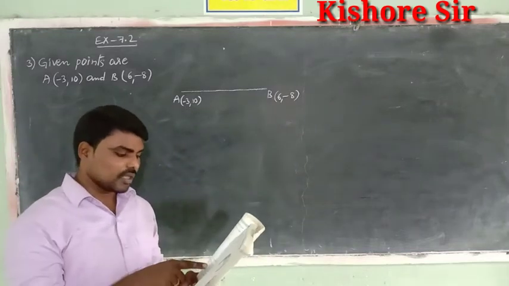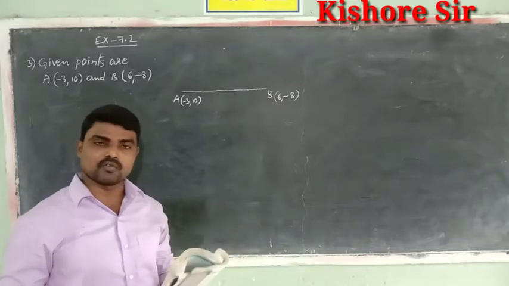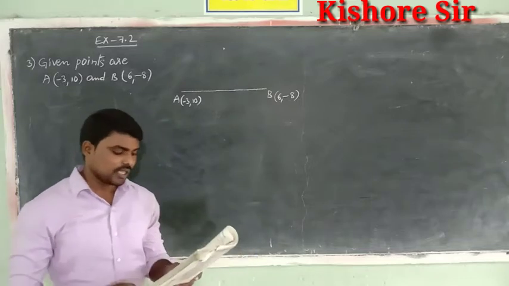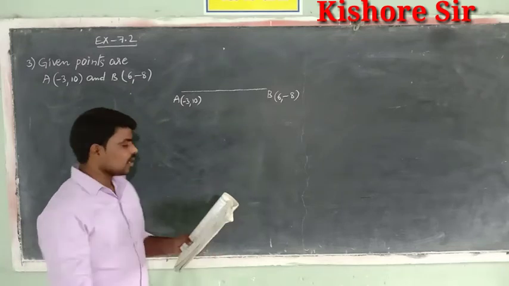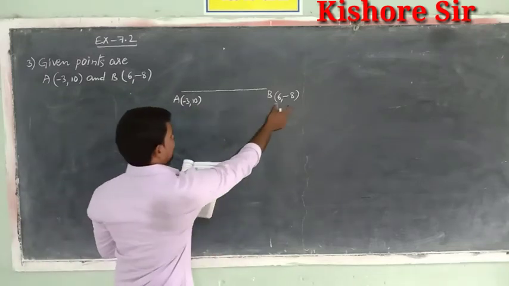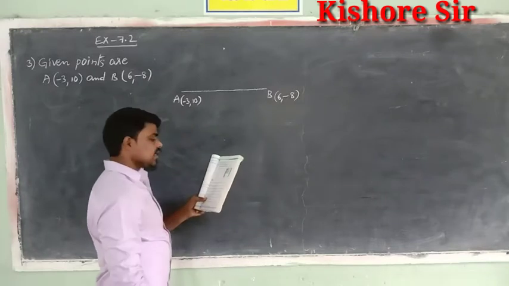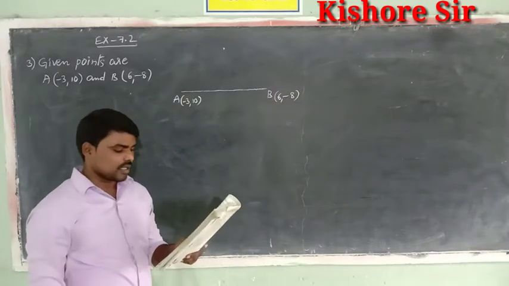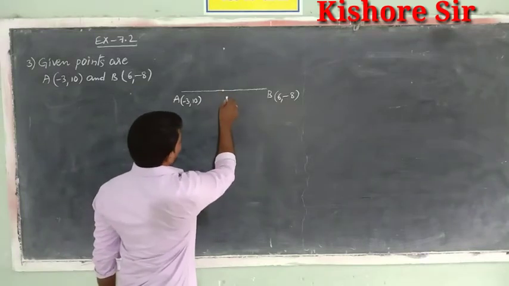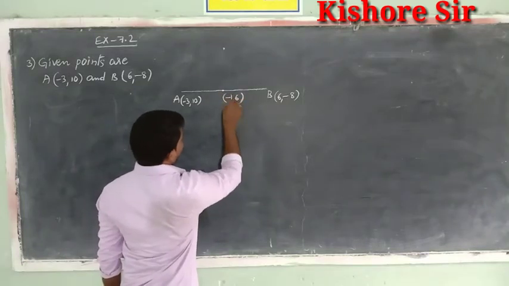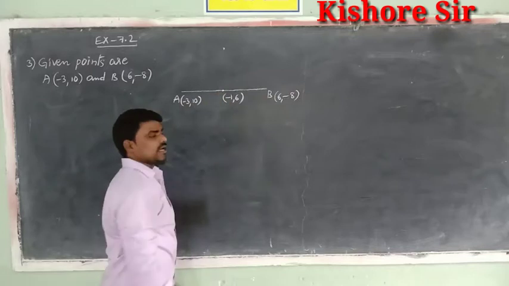See the question. We have to find the ratio in which the line segment joining the points (-3, 10) and (6, -8) is divided by (-1, 6). So the point (-1, 6) divides the line segment AB.